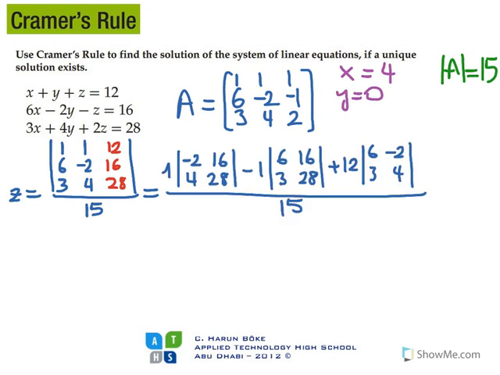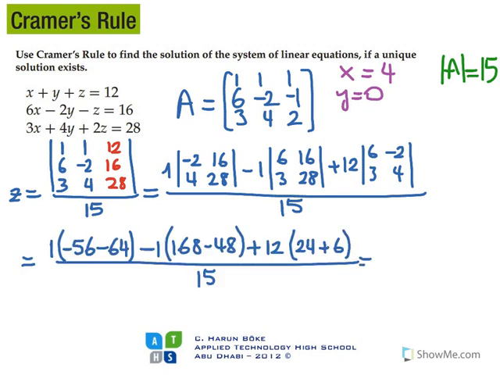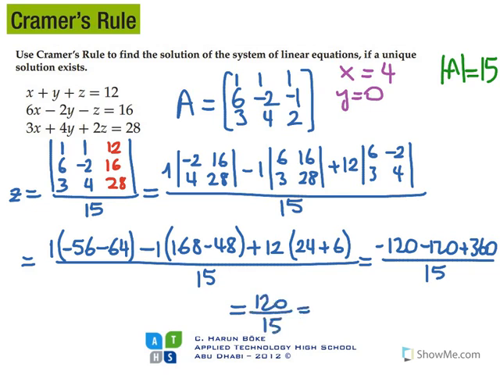And if we calculate the determinants and have the multiplications, we will have minus 120 plus 360 divided by 15, which will give us 120 divided by 15, which is 8 if we do the simplification. So we have z to be 8.